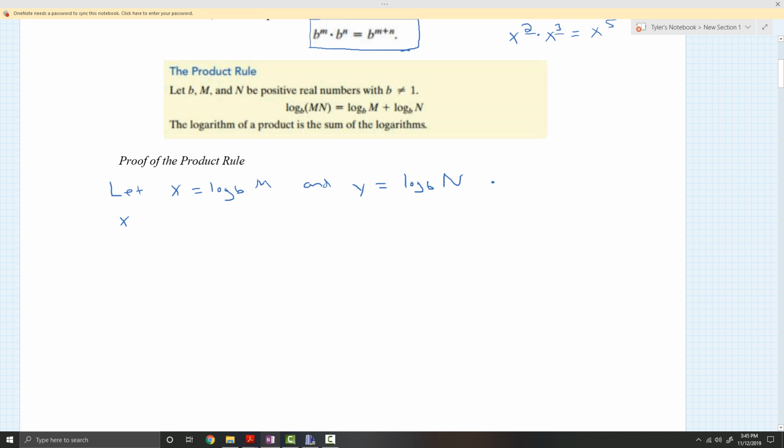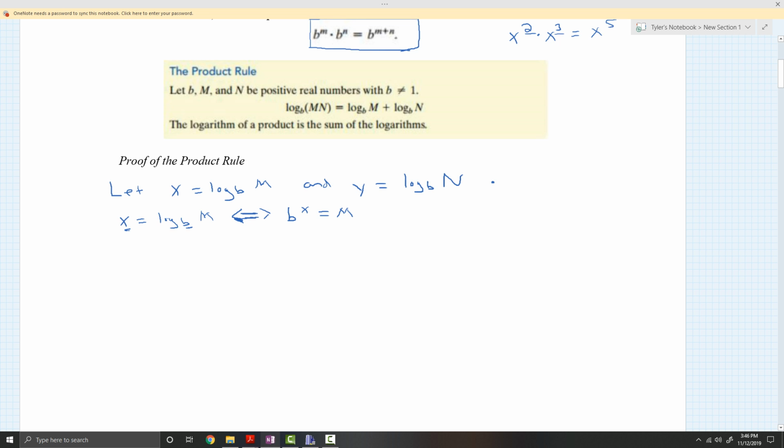So x equals log base b of m is equivalent to, and this double arrow is just a symbol meaning equivalent to, we can go back and forth between the forms, b to the x equals m. There's my base, there's my exponent, and that's what the whole thing equals, m.